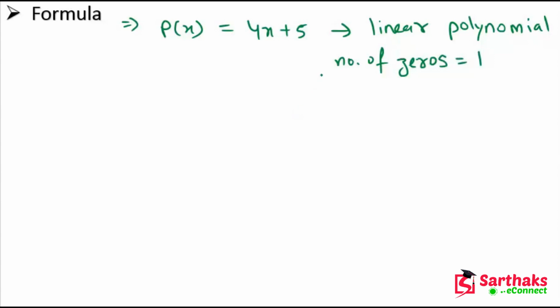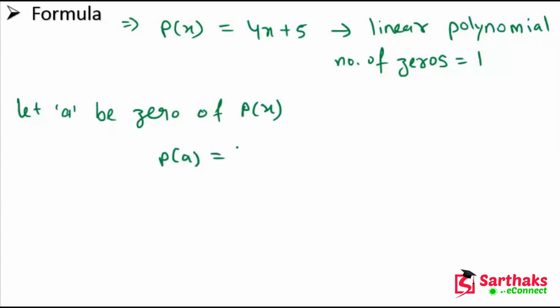Now we take a as the zero of the polynomial, the zero of p of x. It means p of a is equal to 4 into a plus 5, which is equal to 0.